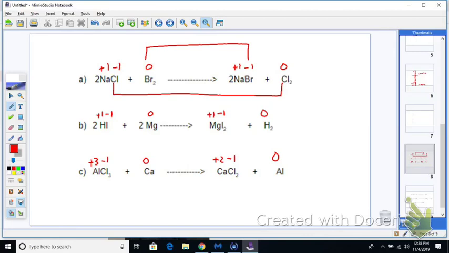So on B and C, I want you to connect those elements that change their value, and just connect them together like I have shown on A. Go ahead and connect them together on B and C.